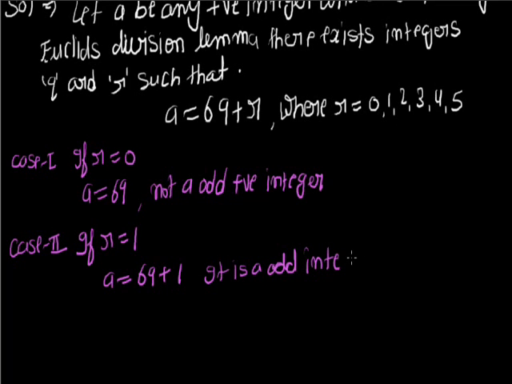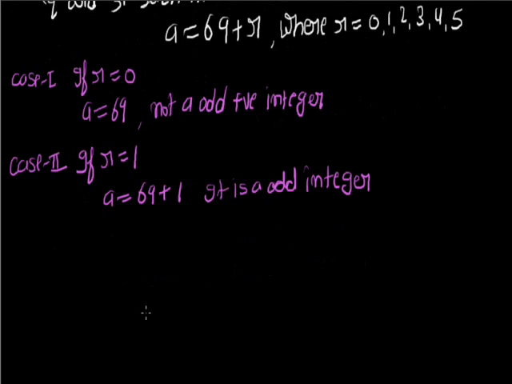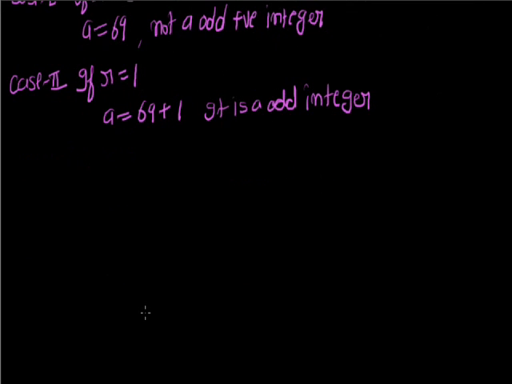Similarly, we can take the other cases. If r is equal to 2, then a is equal to 6q plus 2, which is not an odd integer. It is an even integer because it is a multiple of 2.